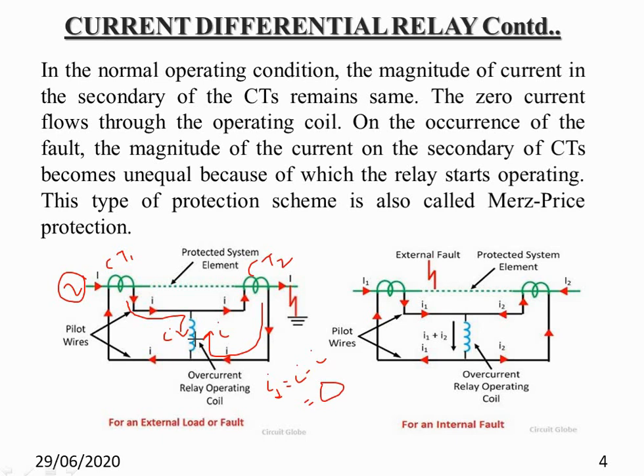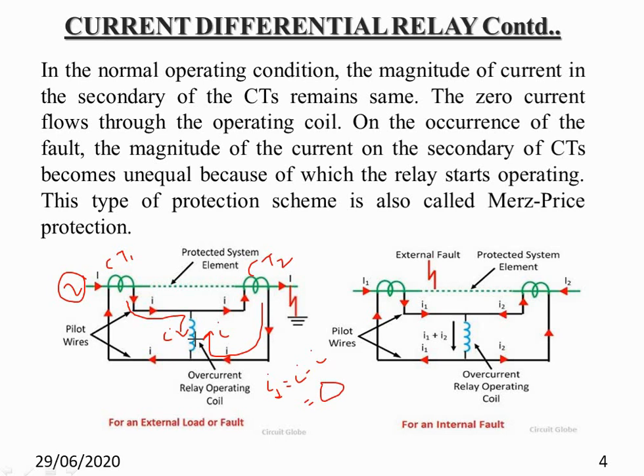But here no current is flowing through the operating coil of the relay, so the relay will not work. From this explanation we can say that for a through fault the differential relay will not work.